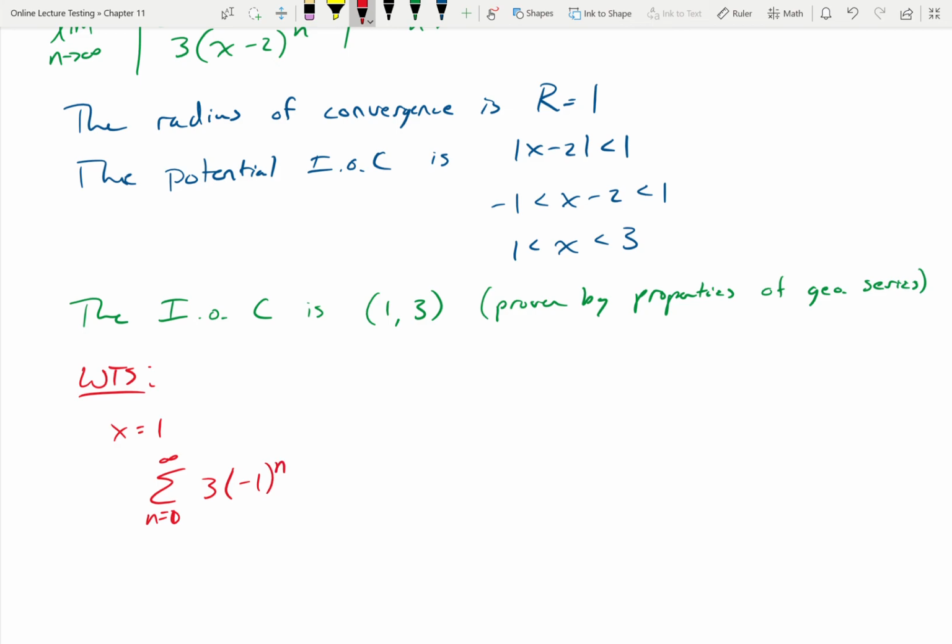Well, this is an alternating series. But the neat thing here is its limit as n approaches infinity of 3 is equal to 3. So by the test for divergence, the series diverges.